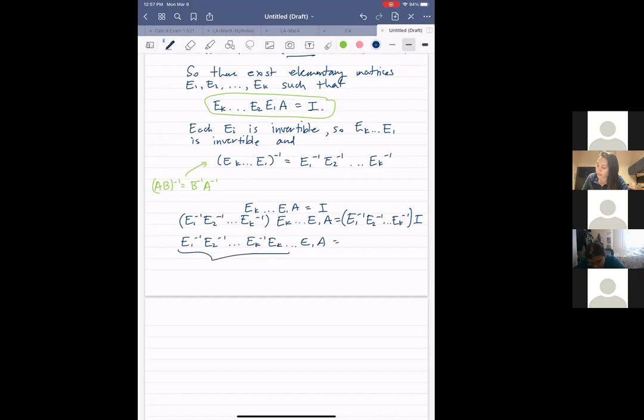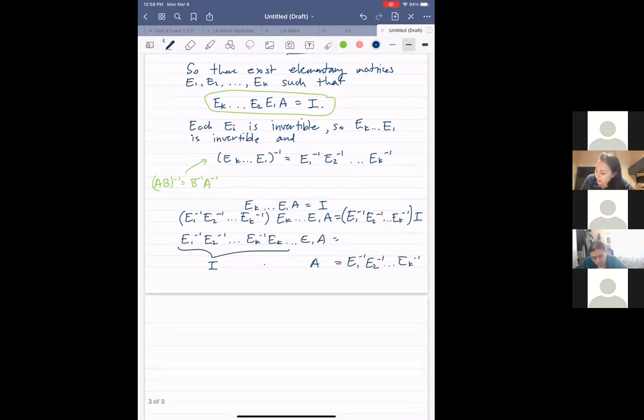So this entire thing will collapse to the identity times A, right? And then on the left-hand side, we get this product. Okay, so essentially we get A is equal to this product of elementary matrices.